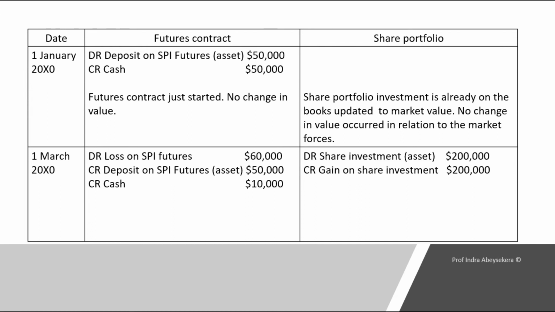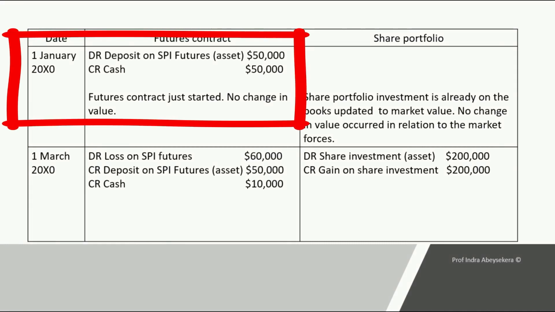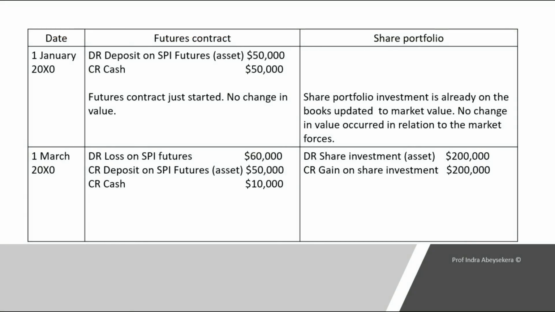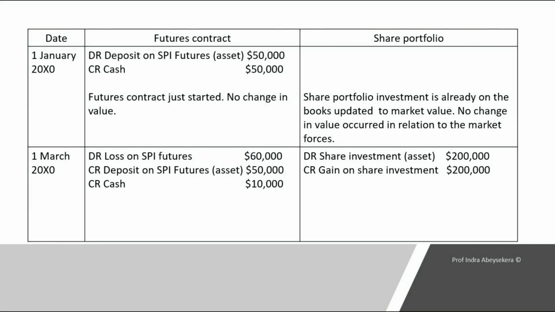For the hedge instrument, the futures contract, on 1st of January, there was an initial deposit that was made for $50,000 in cash. Futures contract was just entered into, there's no change in value. On 1st of March, there's a loss on the futures contract, which is tagged to the share price index, of 60,000.